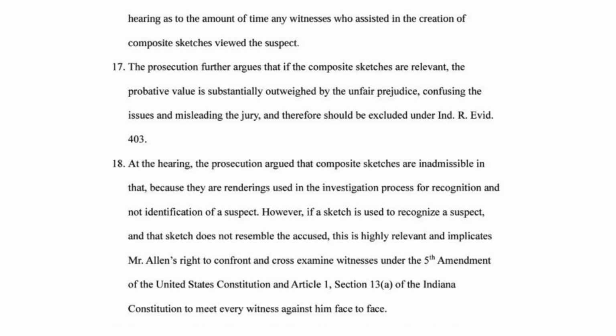However, if a sketch is used to recognize a suspect and that sketch does not resemble the accused, this is highly relevant and implicates Mr. Allen's right to confront and cross-examine witnesses under the Fifth Amendment of the United States Constitution and Article 1, Section 13A of the Indiana Constitution to meet every witness against him face to face.